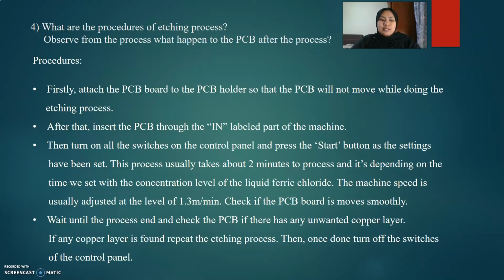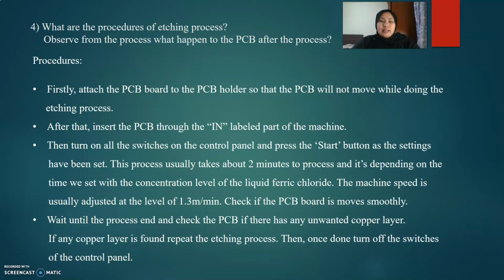The machine speed is usually adjusted at the level of 1.3 m per minute. Check if the PCB board is moved smoothly. And the last one is to wait until the process ends and check the PCB if there is any unwanted copper layer.